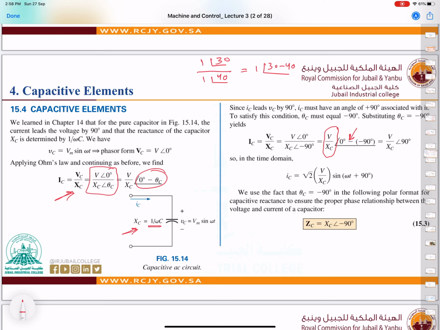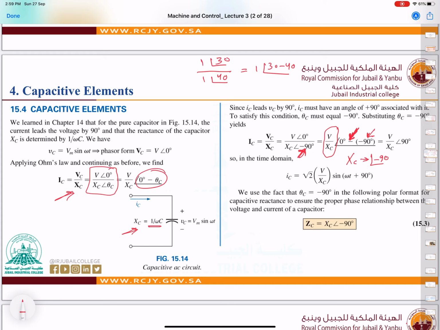If we divide angles, they should be subtracted. If we multiply angles, they should be added. Now, this is from the formula, because we are dividing two angles, that's why we have minus. For the minus 90 here, we know that XC is always with angle minus 90.